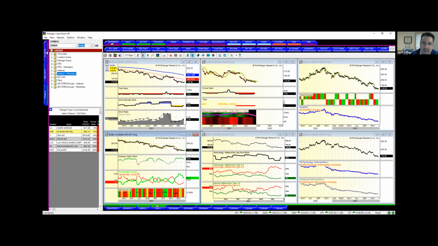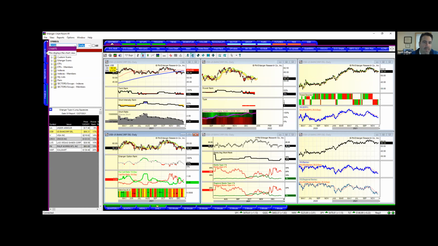So if you're a short seller shorting type 4s, you have to be really careful about the type of stock you're shorting. You don't want to short something that has come down, built a base, and is still type 4. You want to find the stuff that's more toppy, that hasn't broken, like we've had with US Bancorp. That to me is not at an absolute low like some of this other stuff has been.